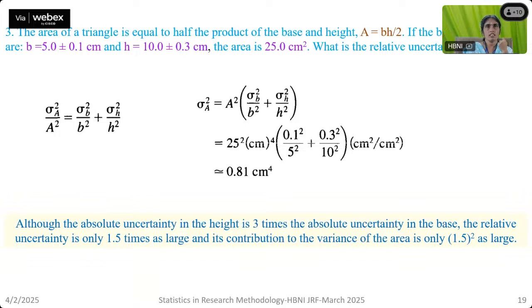However, since multiplication is involved, you will see that the relative uncertainty in height is lower, because when you take the relative term, the denominator will have the original value. So the contribution due to a variation in the measurement of height will be lower in the final calculation.